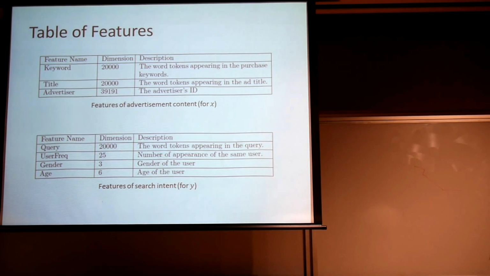For the features of the advertisement content, we use the keyword, the advertisement title, and the advertiser's identity. For the features of the search intent, we use the query tokens, the user frequency, which is the number of appearances of the same user in the data set, and the demographics of the user, including gender and age. For the best performance, we have discretized all the features into integer values.